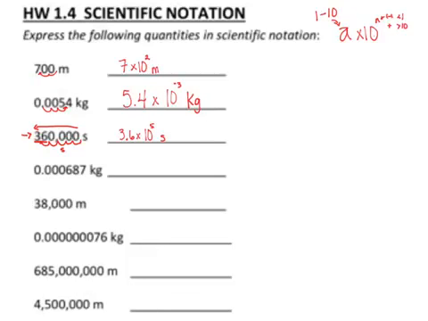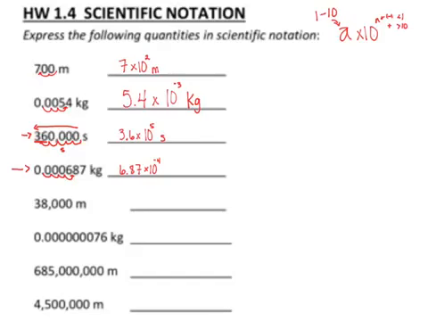Next one, we have 0.00687. 1, 2, 3, 4. So my number is going to be 6.87 times 10 to the 4th, and it's going to be negative because, again, this number is less than 1.